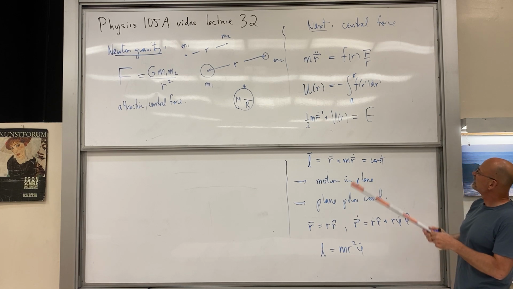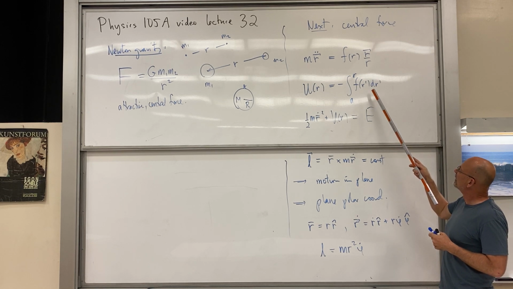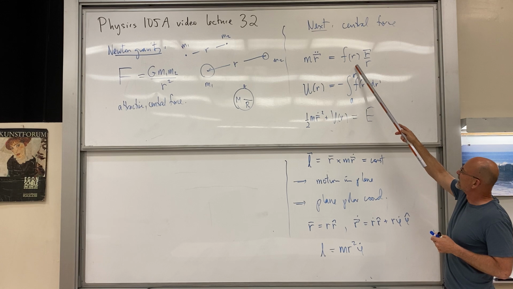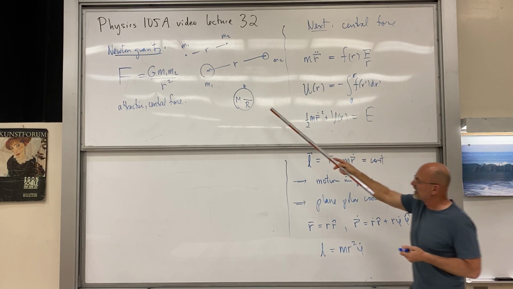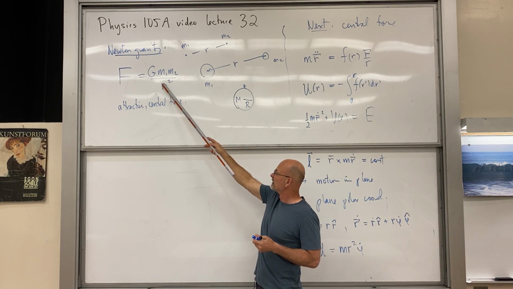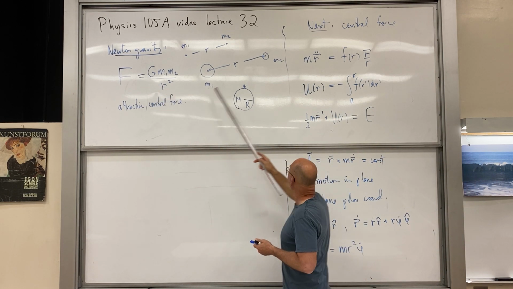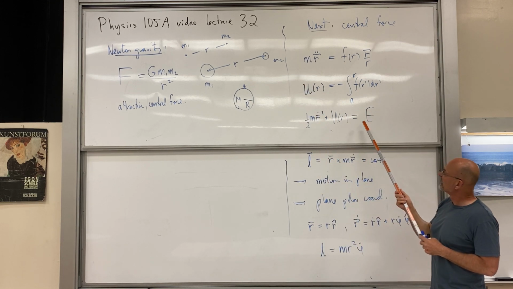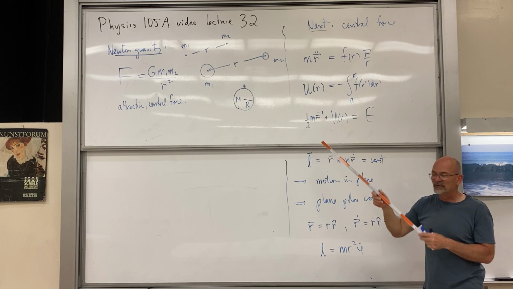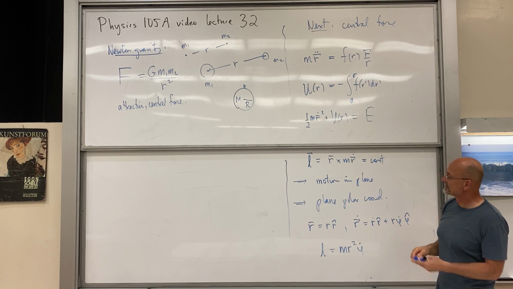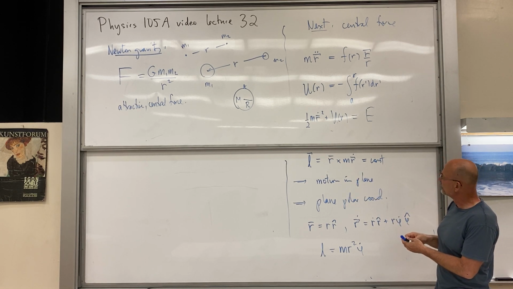I'll treat these interchangeably. That is to say, we can discuss knowing the force or knowing the potential energy. The potential energy for this is just going to be minus 1 over r, and we'll get to that in a while, but right now we'll just treat the potential energy as a given and continue on with this.